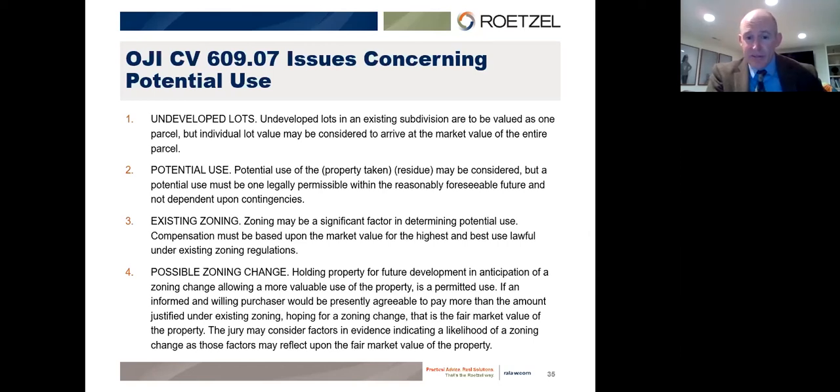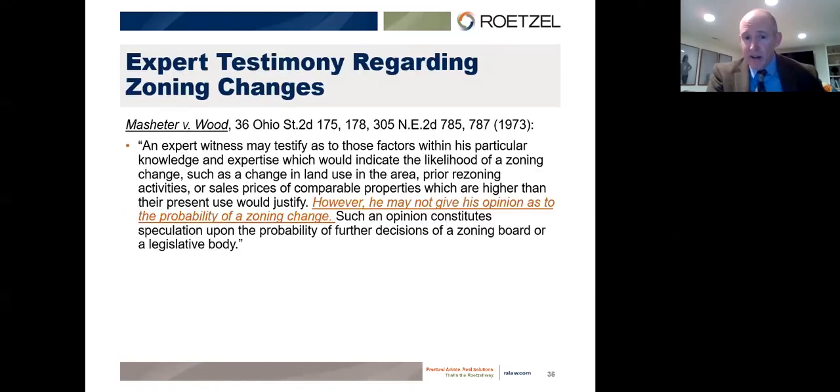And on the issue of, well, how likely is likely, you're not allowed as a property owner to put on expert evidence as to the likelihood of a zoning change. What you can have an expert testify to is all the facts that would go into a zoning change decision by a political subdivision. But that last step, an opinion as to the ultimate likelihood that the change is going to occur, is not permissible.